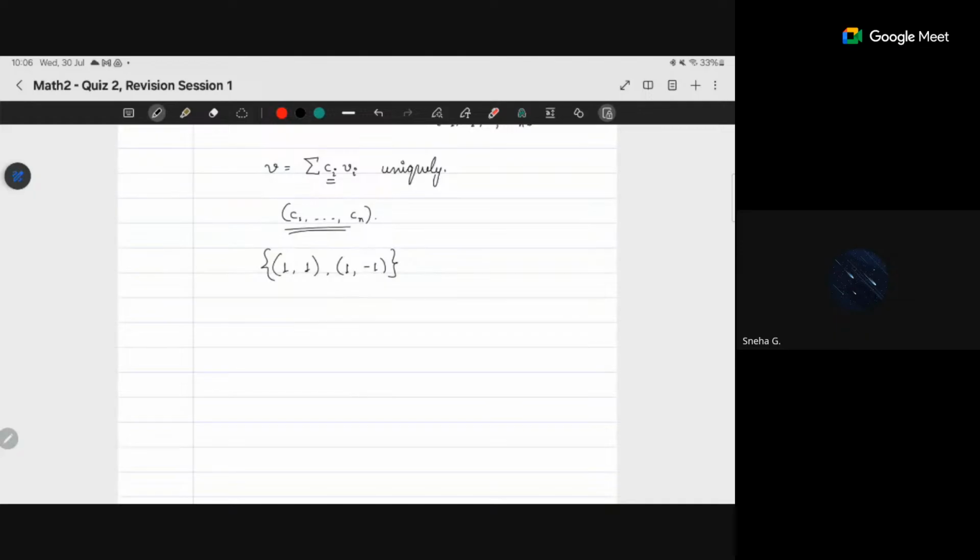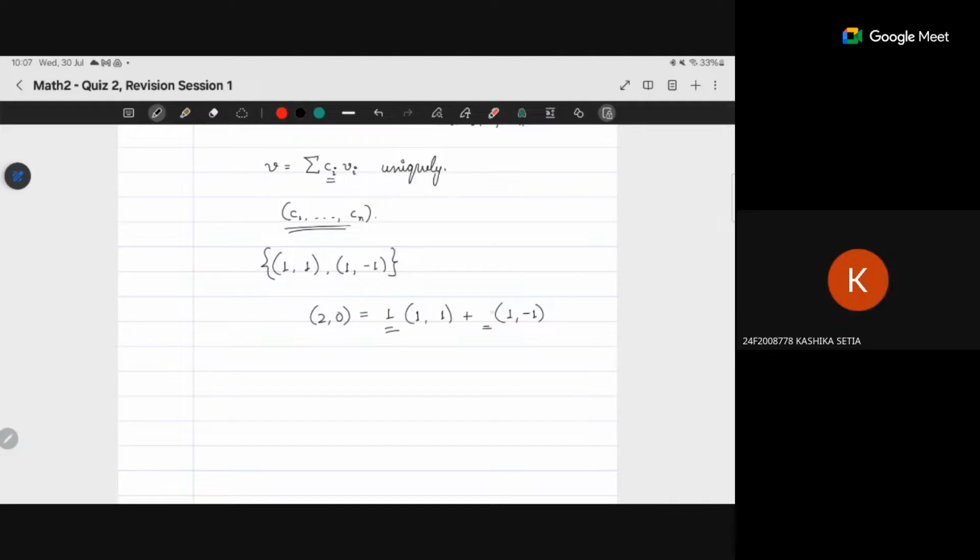This is a basis, and 2, 0 is a vector in R2. Now, the vector 2, 0, how can it be written as a combination of 1, 1 and 1, minus 1? What is the linear combination? It is 1 times 1, 1 plus 1 times 1, minus 1.